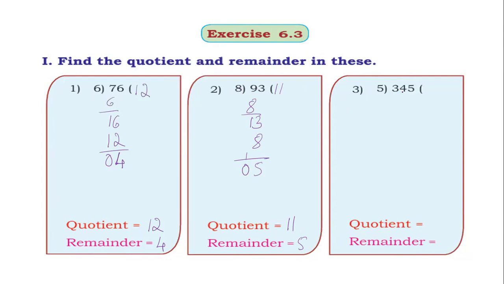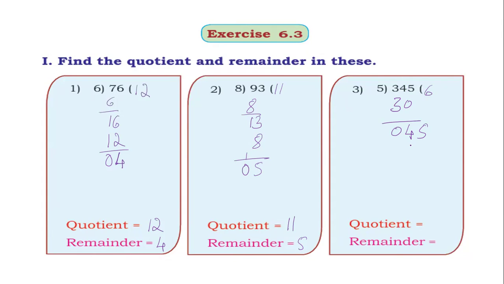Third one, 345 divided by 5. 5 sixes are 30. 4 minus 0 is 4. 3 minus 3, 0.